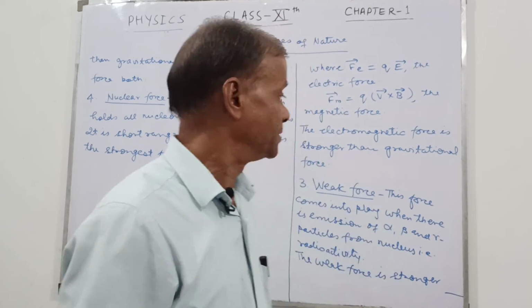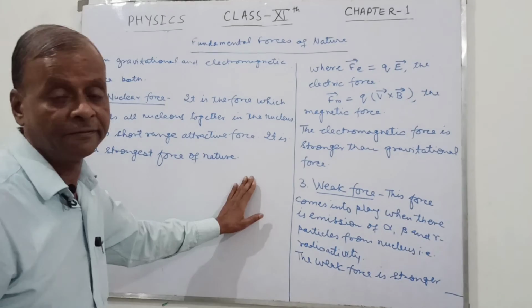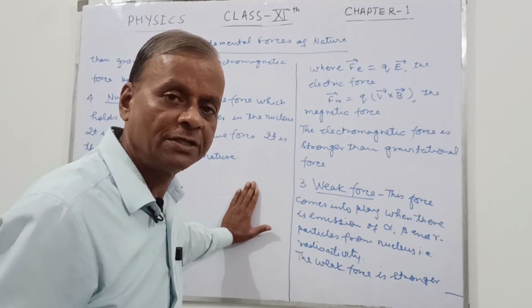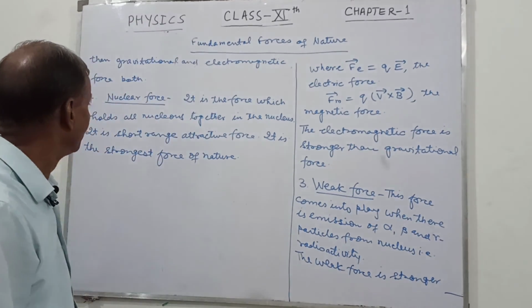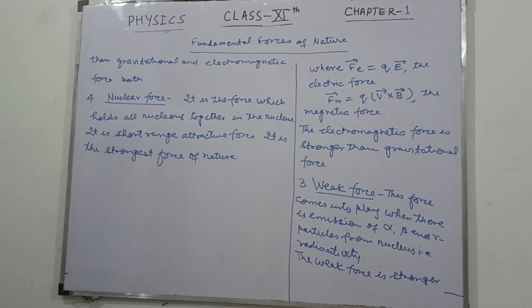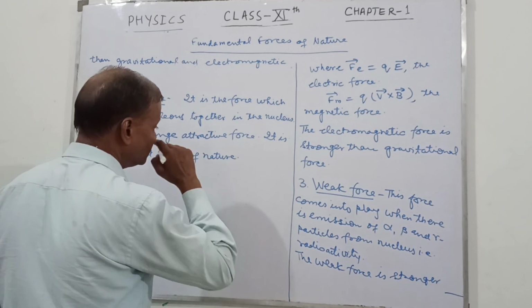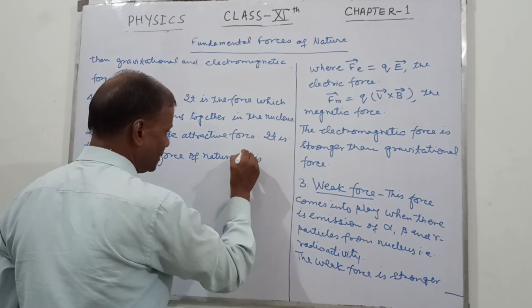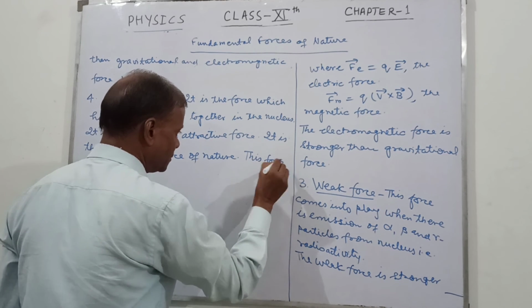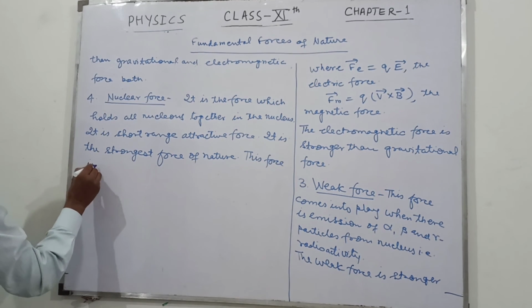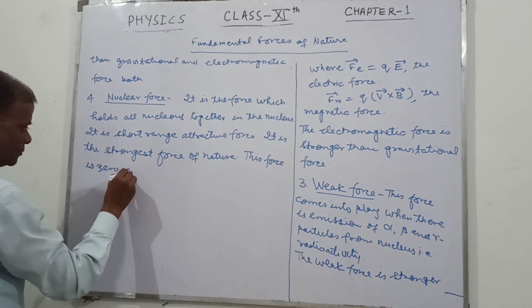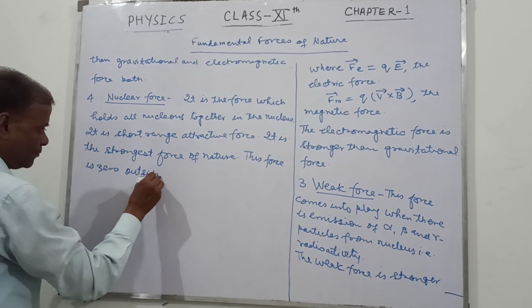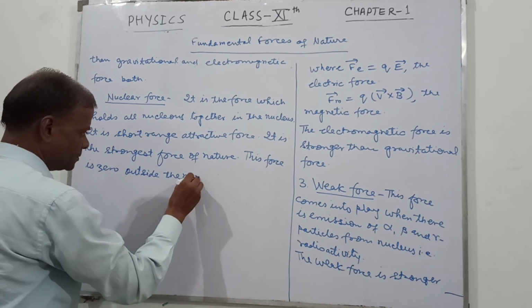So it is assumed that this force is due to the pi meson particle in the nucleus. This force is zero outside the nucleus.